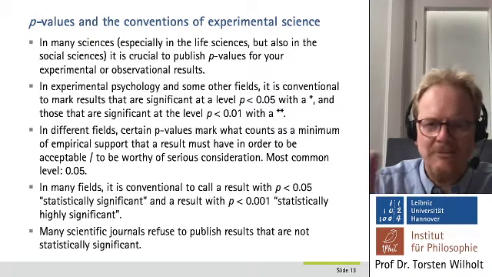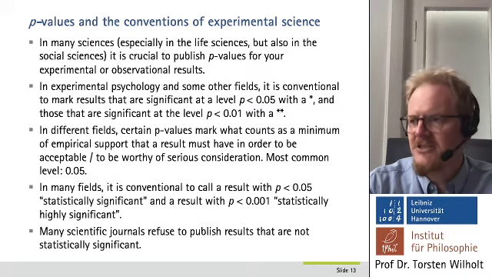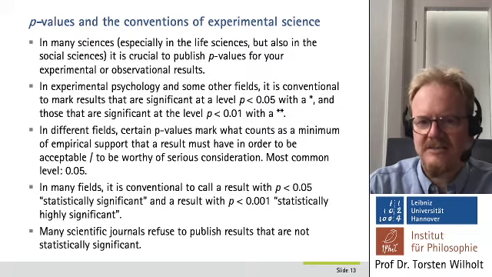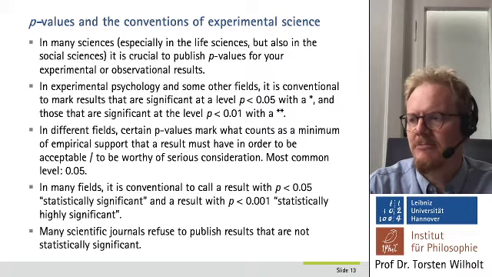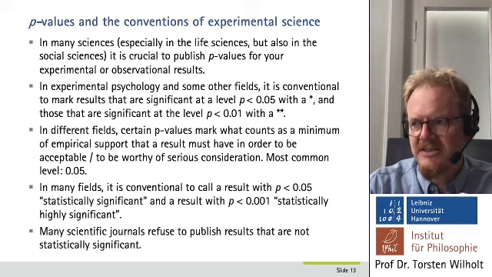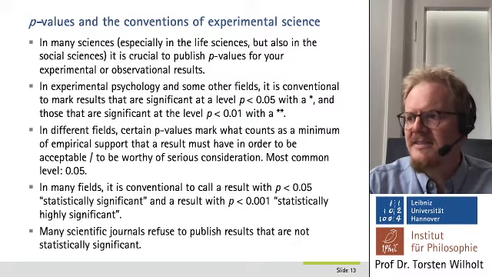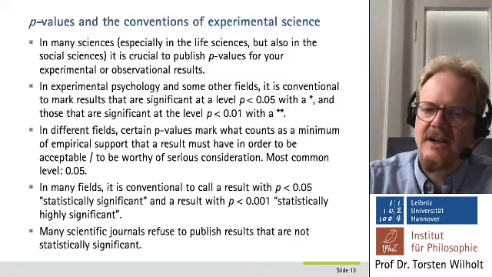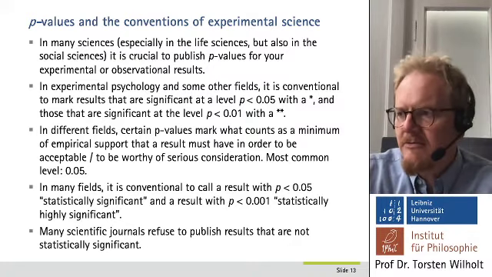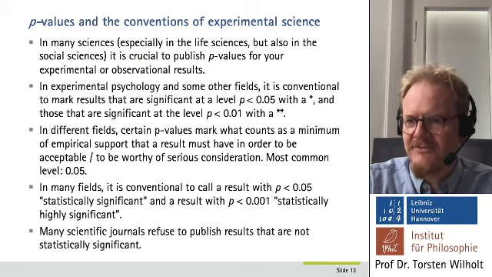And in some fields the conventions are more stringent, and there's a lower maximum significance level that is permitted. So these kinds of conventions are mostly what is related to the widespread criticisms of the methodology of null hypothesis significance testing.